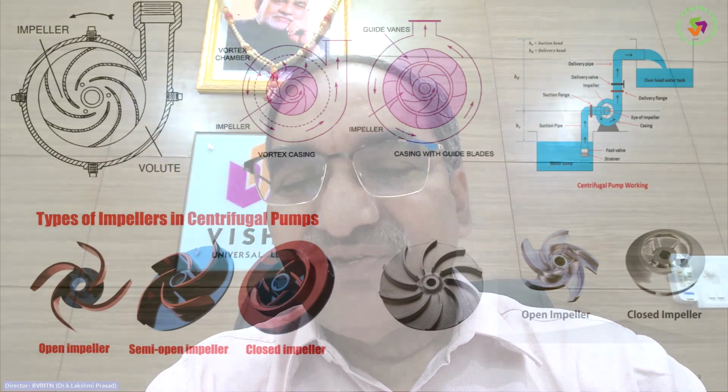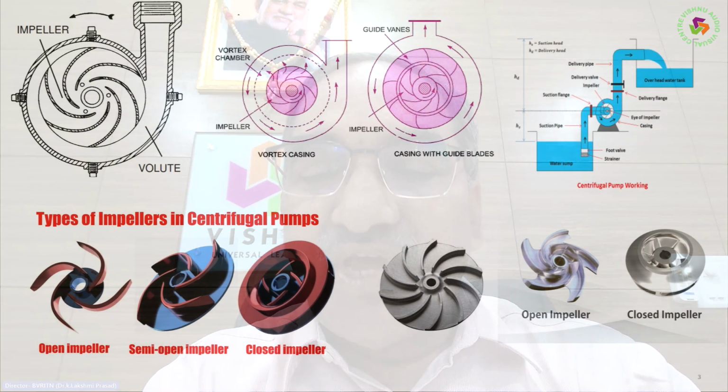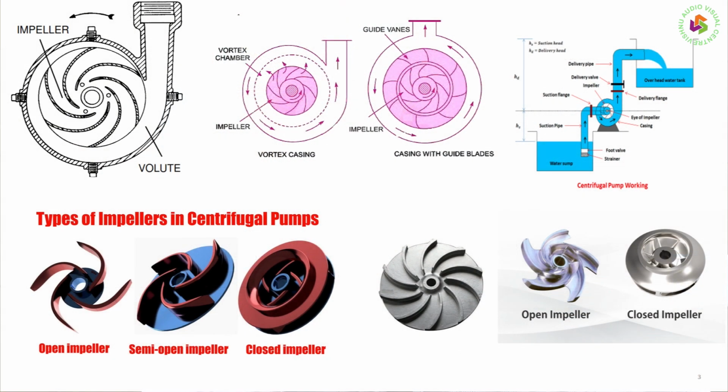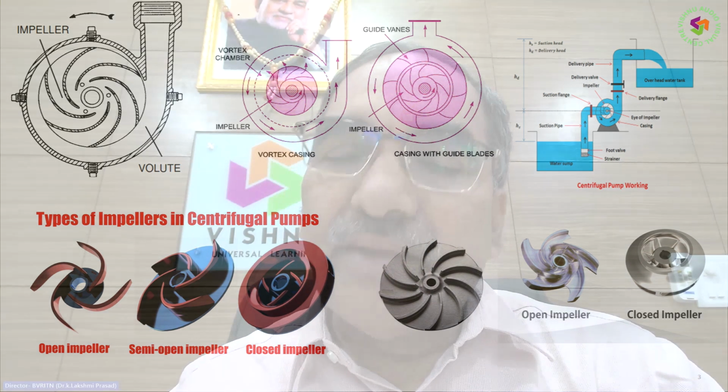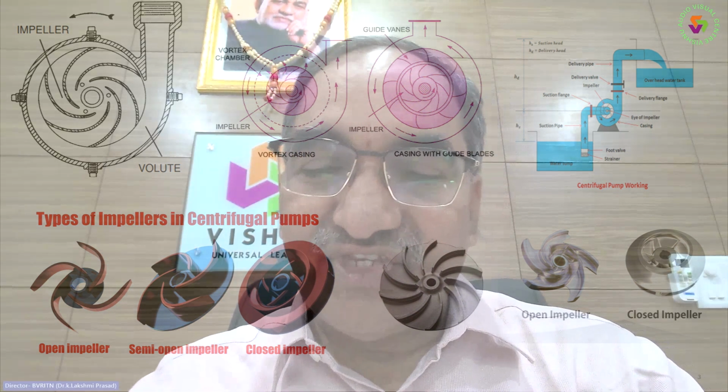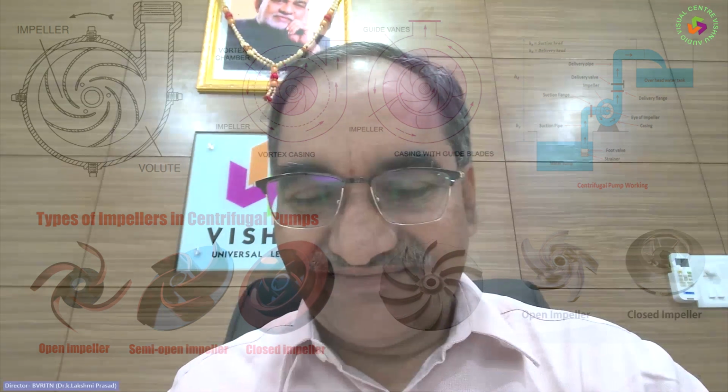How will the pump get mechanical energy? A pump is always coupled with a motor. Electrical energy is supplied to the motor and the motor converts electrical energy into mechanical energy, and that mechanical energy is the input to the pump. Then the pump converts that mechanical energy into hydraulic energy.